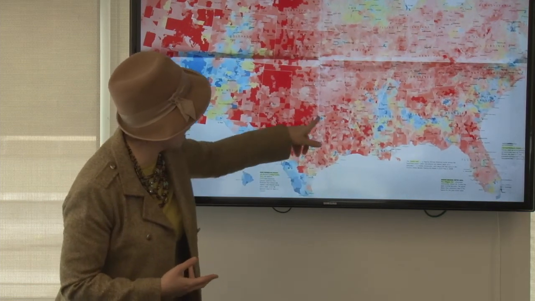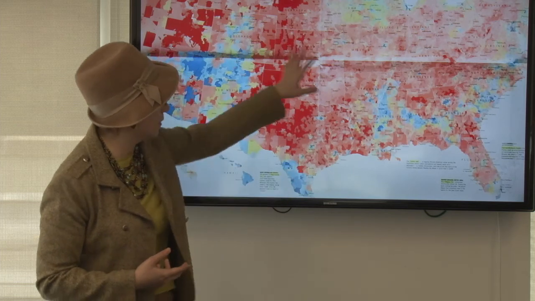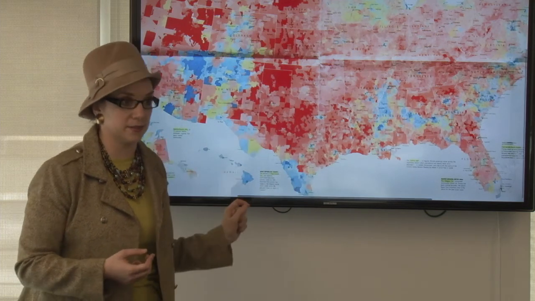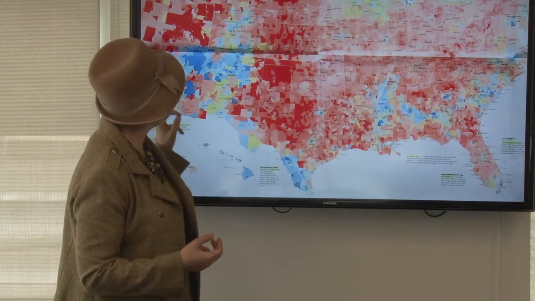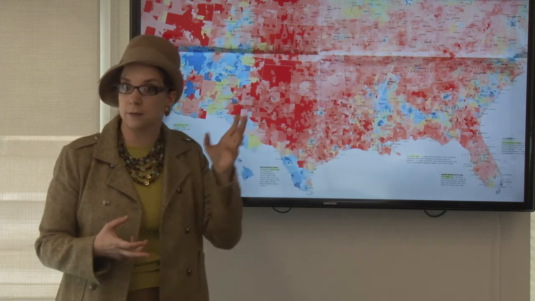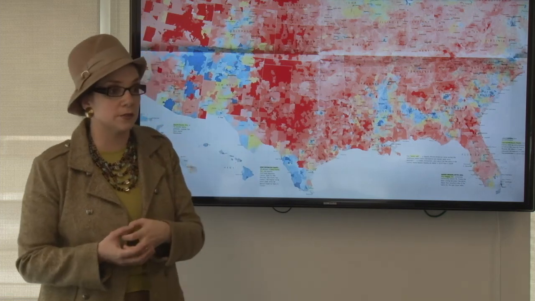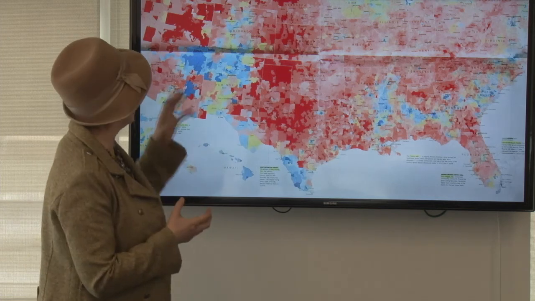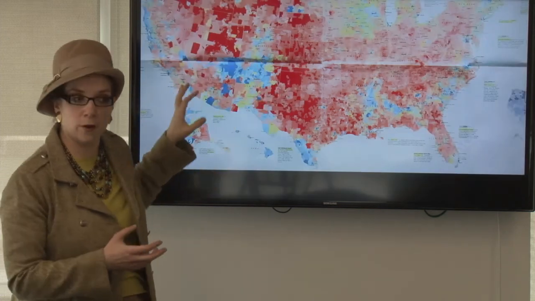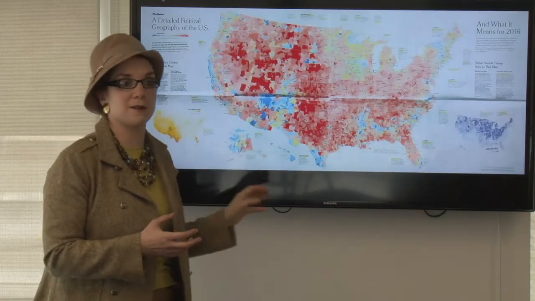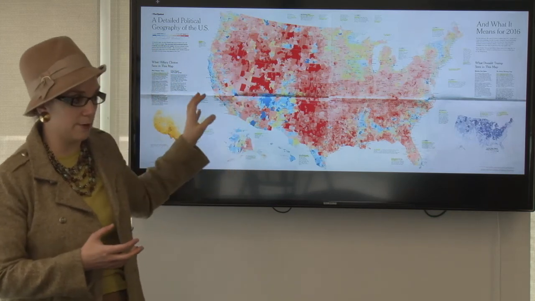Those are the little patches of blue you're seeing in the big red that is Texas, okay? And so Democratic voters tend to be attracted to cities, tend to cluster in cities, and that's how you can see such seemingly tiny points of blue on such a big red map, and yet the blue carried this election.